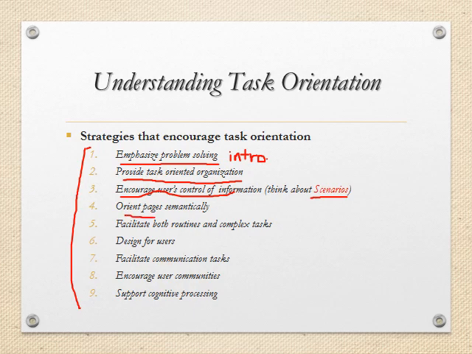Fourth, orient pages semantically. Any task-oriented document needs to include both routine and complex tasks designed for the users, and this is the main focus of the task-oriented document. We design for a specific user. We design a document that focuses on a specific task for the user.